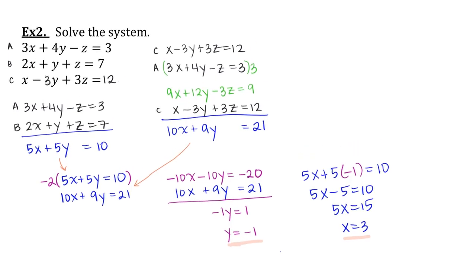Okay, and it's positive, so for B, 2x plus y. What's y? Negative 1. Plus z. Oh, shoot. I already have x. Okay, hold on. 2x. Where's x?